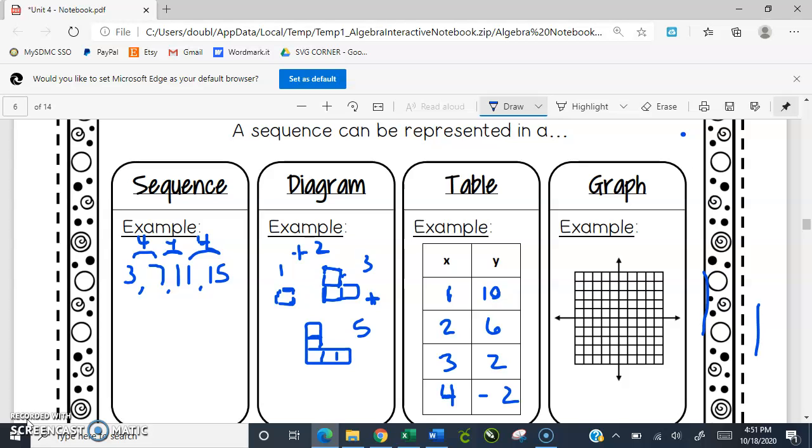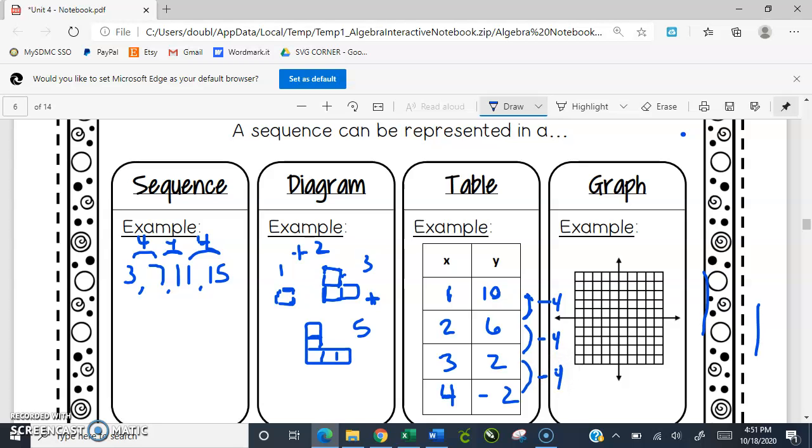So as you can see, for our first one, our sequence is minus 4. 10 minus 4 gives us 6. 6 minus 4 gives us 2. 2 minus 4 gives us -2.